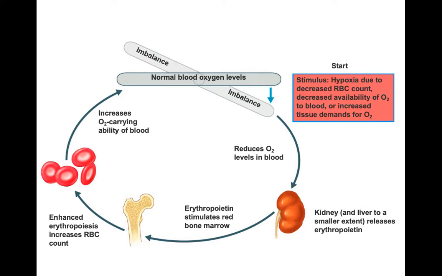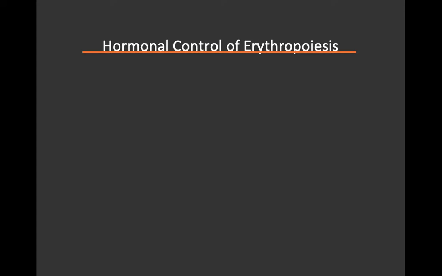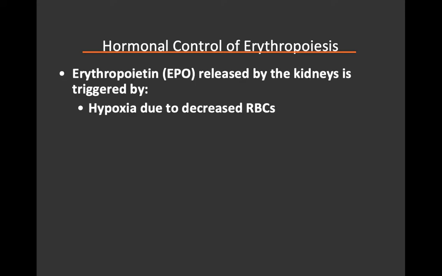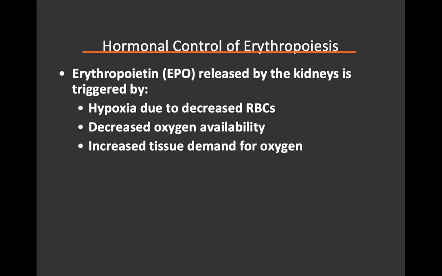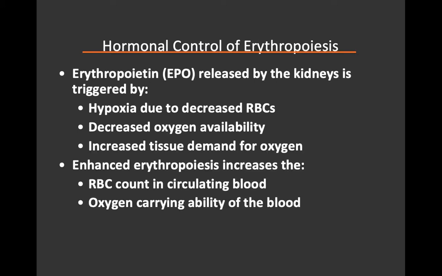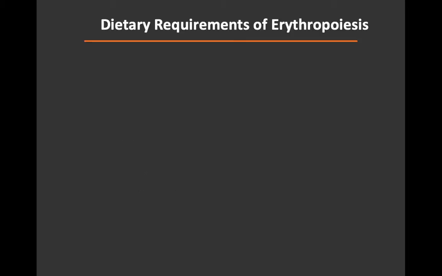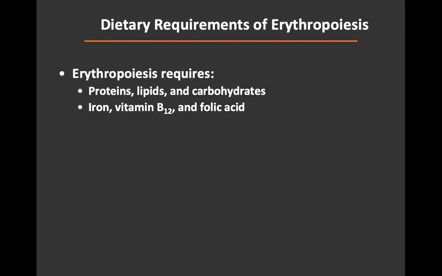And now we have an increased oxygen carrying capacity in our blood. So again, the kidneys are triggered by hypoxia, and we don't have as much oxygen for the tissues, and so erythropoiesis is going to then allow us to increase the amount of oxygen by increasing the red blood cells.